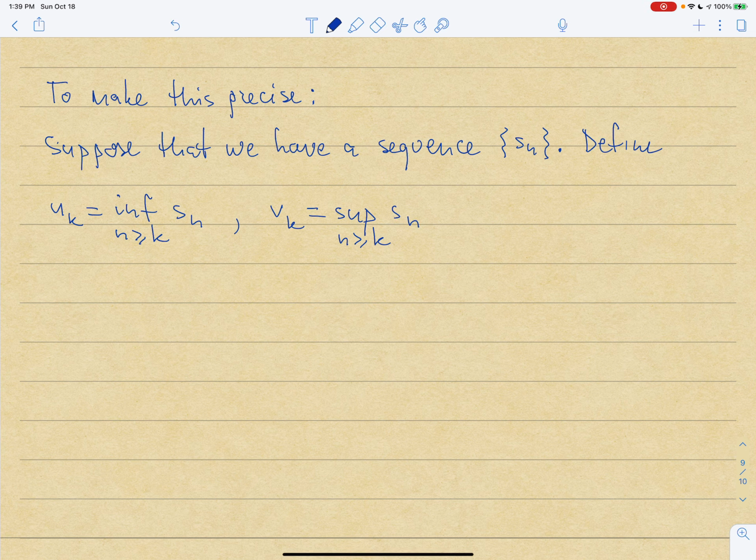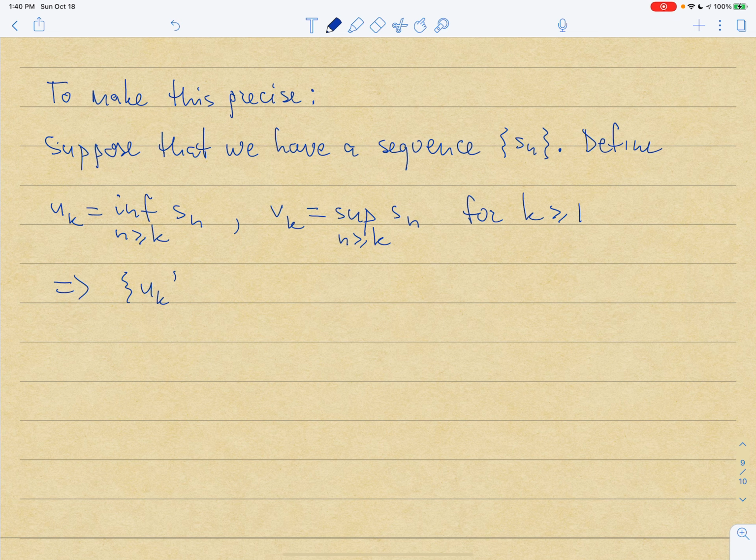So notice that Uk and Vk are precisely the quantities that I considered above, for k greater or equal than 1. If k is equal to 1, I take infimum and supremum of the entire sequence. K equal to 2, I take infimum and supremum of the sequence without the first term. K equal to 3, without the first and second term, and so on.